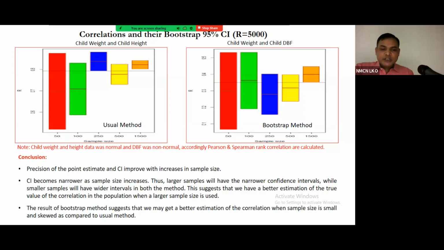The result of the Bootstrap method suggests that we may get a better estimation of the correlation when the sample size is small and skewed, as compared to the usual method. We can see here in the Bootstrap method, the correlation value is much nearer to the population correlation as compared to the usual method.